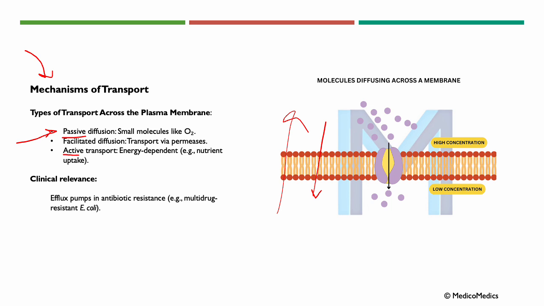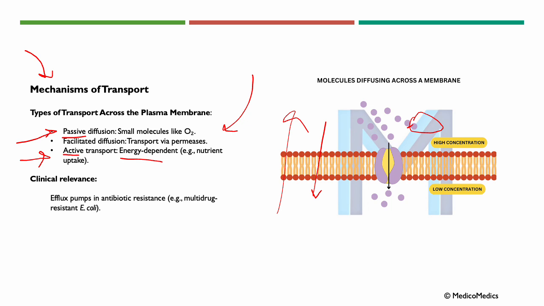In passive transport, what is important to remember is that energy is not required for the utilization of these transport systems, while in active transport, energy is used. So in passive transport, molecules move across the bacterial membrane without using energy, without using ATP.